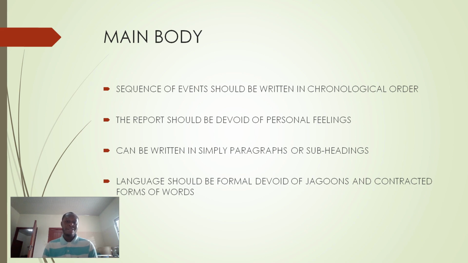That is why I'm emphasizing that the sequence of events should be written in a chronological order, which means first things first, second things second. Don't bring the second thing to the first, the third thing to the second, and everything is jumbled up. It should be clearly written and hence should be in an orderly form.